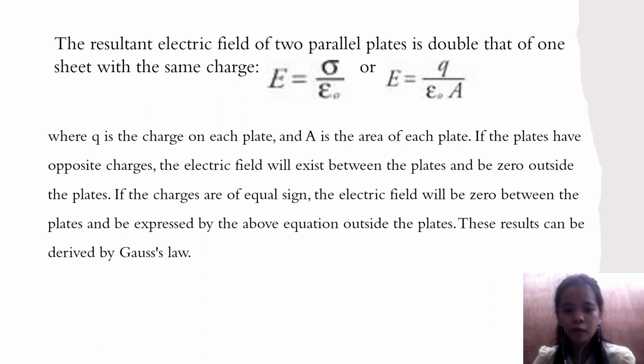If the plates have opposite charges, the electric field will exist between the plates and be zero outside the plates. If the charges are equal in sign, the electric field will be zero between the plates and expressed by the above equation outside the plates. This result can be derived by Gauss's law.